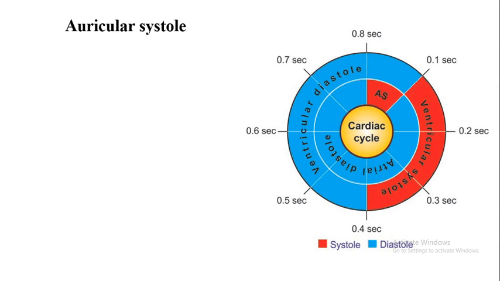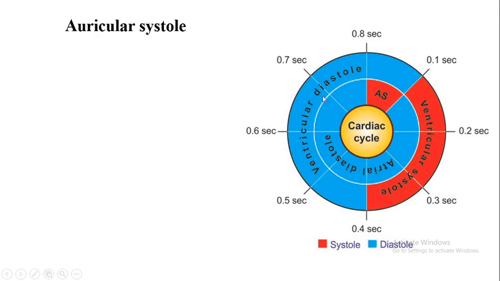This is a diagrammatic representation. In this diagram there are two concentric circles, and each division of the circle, each compartment of the second circle, is of 0.1 second. Look here, this one part is 0.1 second, another part 0.1 second.